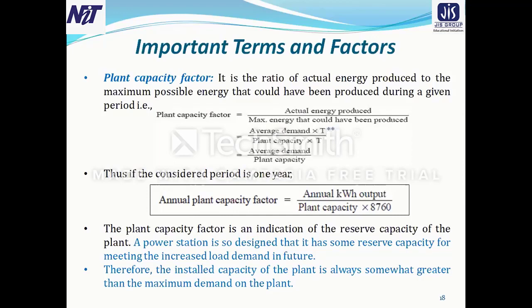A power station is so designed that it has some reserve capacity for meeting the increased load demand in future. Therefore, the installed capacity of the plant is always somewhat greater than the demand on the plant. So in this way, we can define the plant capacity factor.